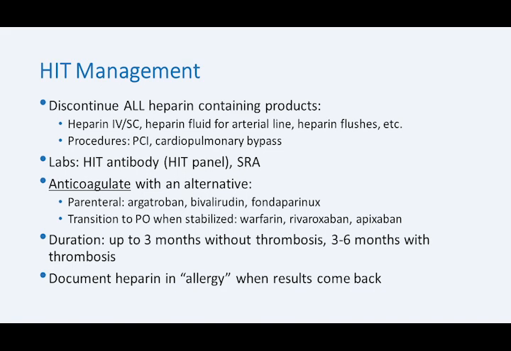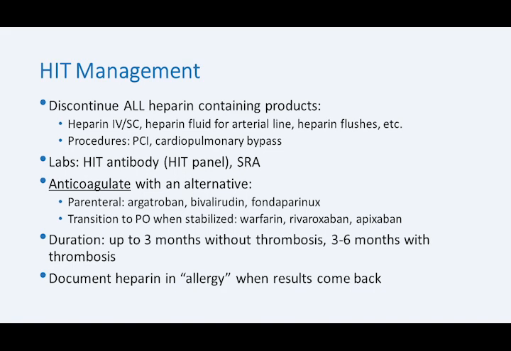Alternatives to heparin-containing products would be argatroban, bivalirudin, and fondaparinux. Eventually, when the platelet count has stabilized and the patient's not experiencing any issues with thrombosis, then we can transition them to PO agents like warfarin, Xarelto, or Eliquis.